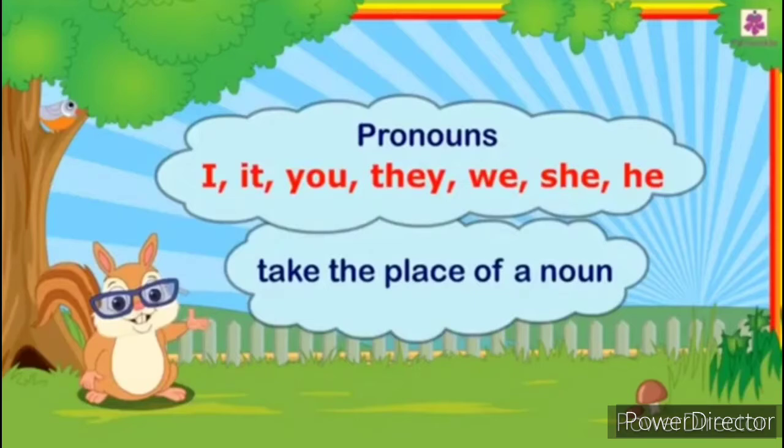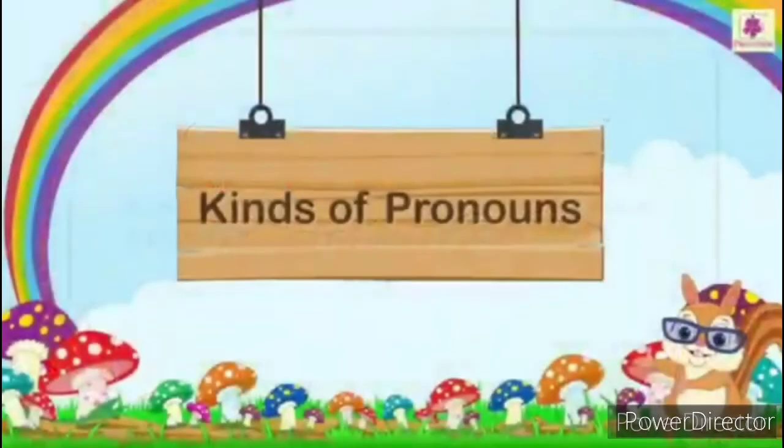So pronouns take the place of a noun. So what are the pronouns here? I, it, you, they, we, she, he. These are called pronouns. Children, now let's see the kinds of pronouns one by one with some examples.